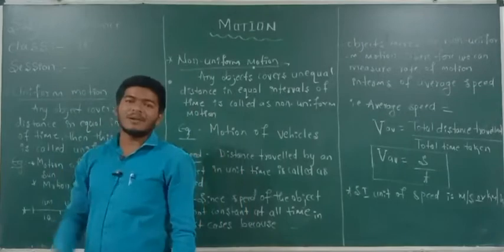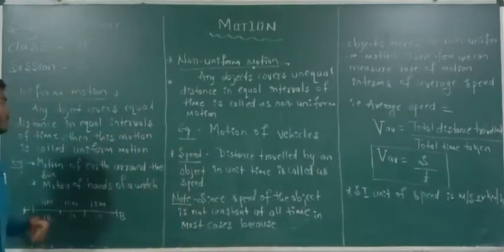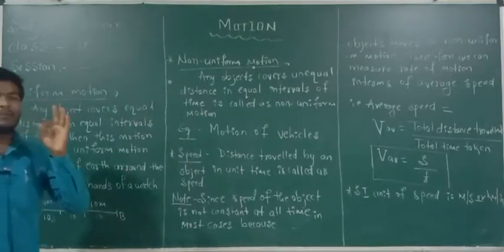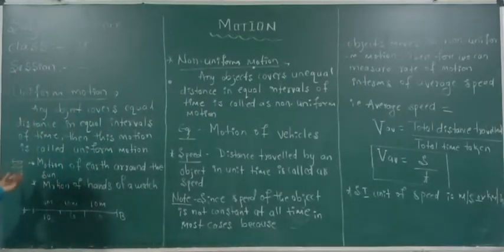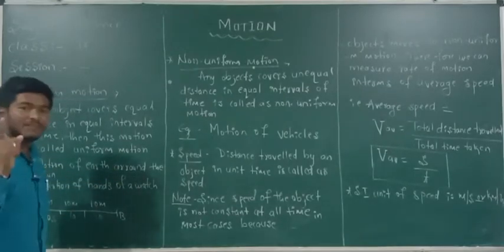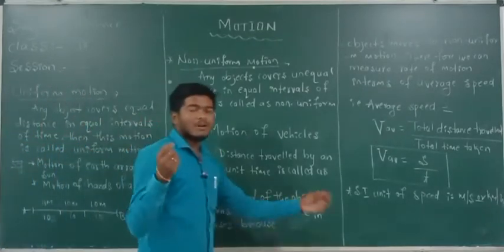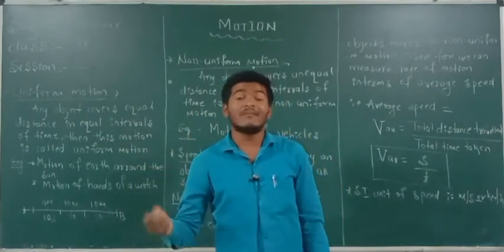What are the examples for uniform motion? One of the most suitable examples for uniform motion is the motion of the earth around the sun. Remember, after every 365 days we have 1 year.